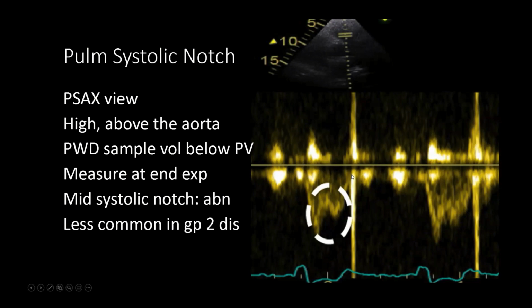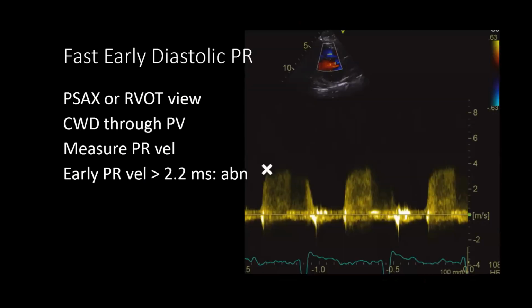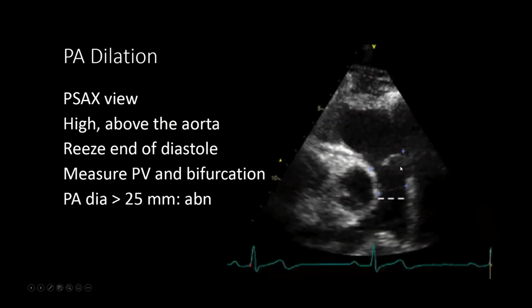And if there is a regurgitant jet, a diastolic pulmonary regurgitation that is fast, more than 2.2 meters per second, sorry, that's abnormal. No one is going to do this, but if you're tempted, look at the pulmonary artery, and if the measurement of the diameter of the pulmonary artery is more than 2.5 centimeters, then that's abnormal.